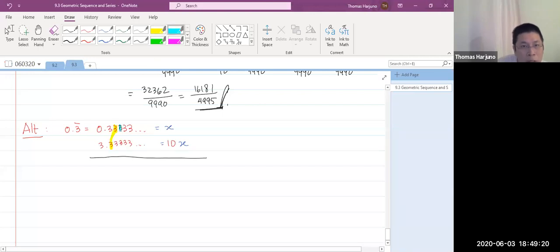Do you see that? Now, when I subtract, the repeating decimals cancel each other. I get -3 equals -9x. So x equals 3 over 9, which is 1/3. Bang, you're done.